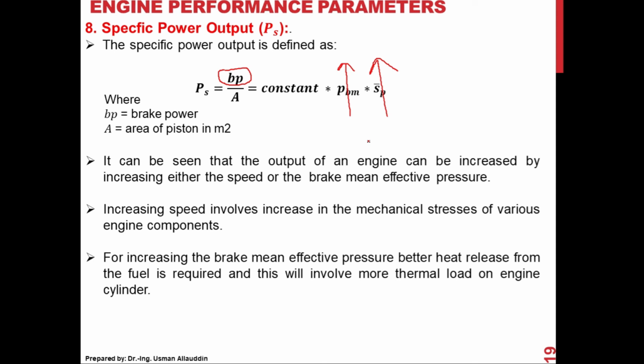There should be high temperatures in the engine, then you will have high pressures, and it will put thermal stresses on the engine parts, because all the engine parts are metallic. These are the two ways. Now you have to make a compromise on what the appropriate values for the brake mean effective pressure or the mean piston speed should be.